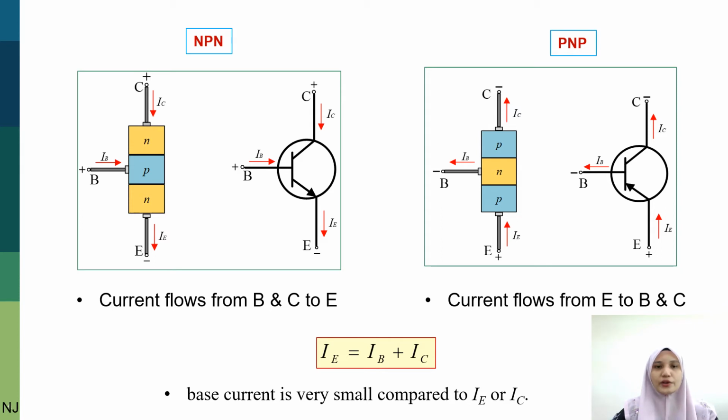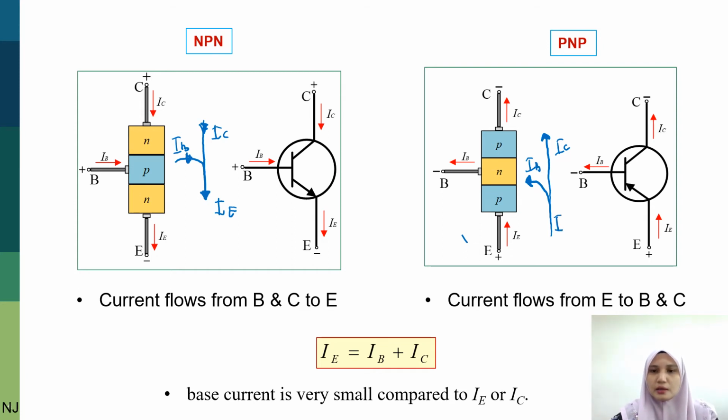Now let's look at the current flows for the NPN and PNP. For the NPN, the current flows from the base and from the collector to the emitter. So this is IB, IC, and IE. For the PNP, it flows from the emitter to the base as well as to the collector.